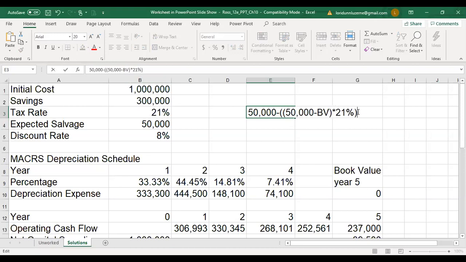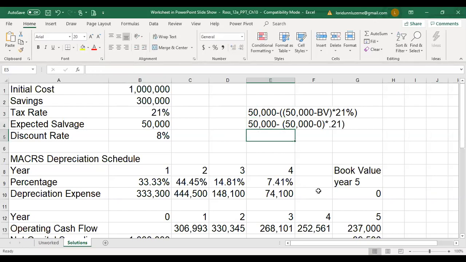And that will give us the tax that will be on this salvage value. This book value is 0 because we finished calculating depreciation on all $1 million at the end of year 4. So 50,000 minus 0 times 21%. So I'm just going to do that in my calculator very quickly. 50,000 times 21%, 10,500.